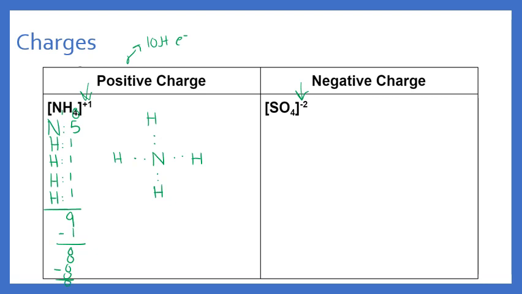We don't have any left. So this turns into being N bonded to H, bonded to H. We turn those dots into lines. Bonded to H, bonded to H.